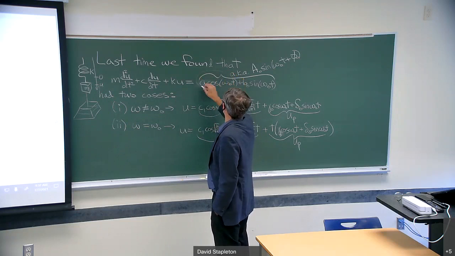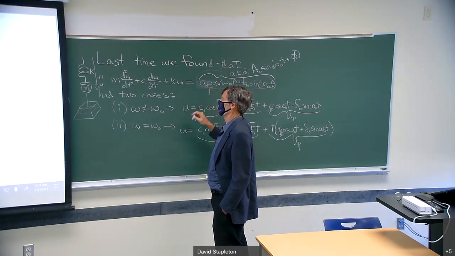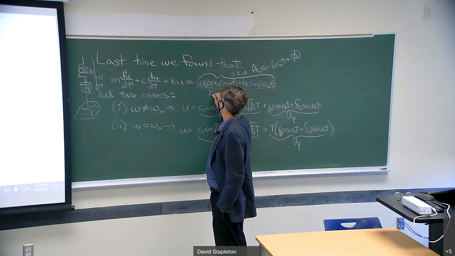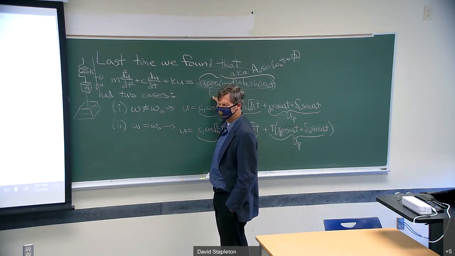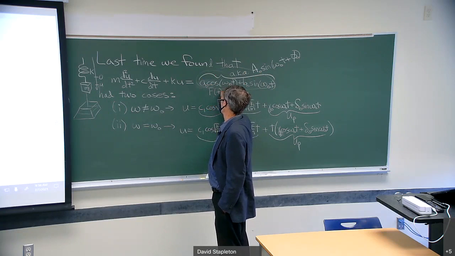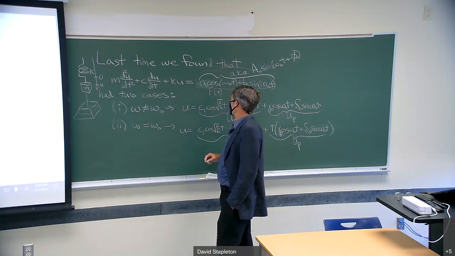So this would be your f of t here, or forcing term they sometimes call it. I called this the f applied. Anyway, f of t, a function of time that you apply.